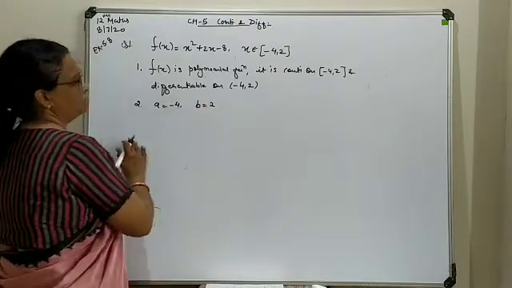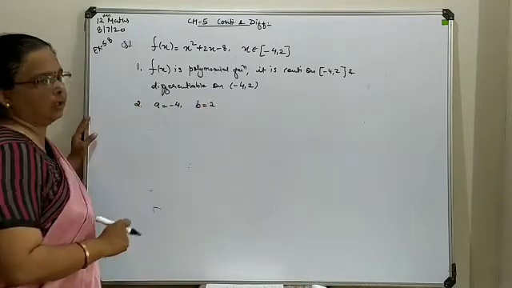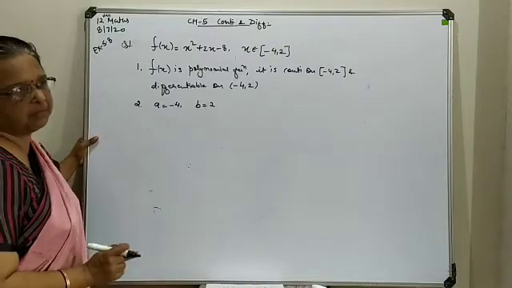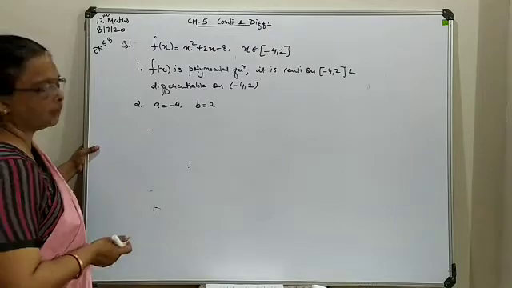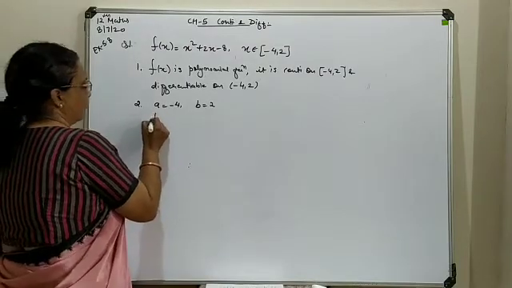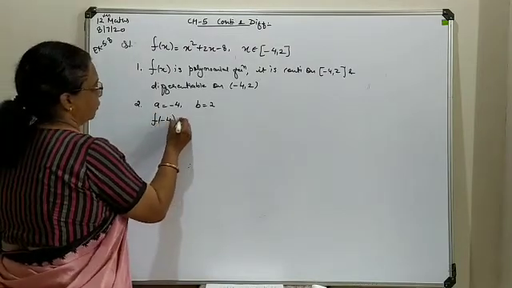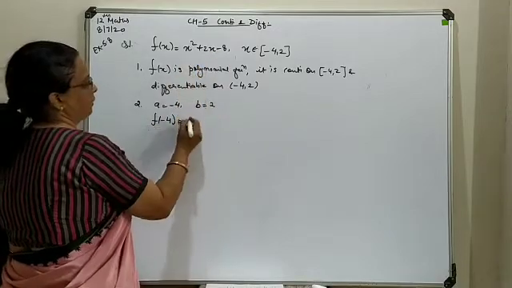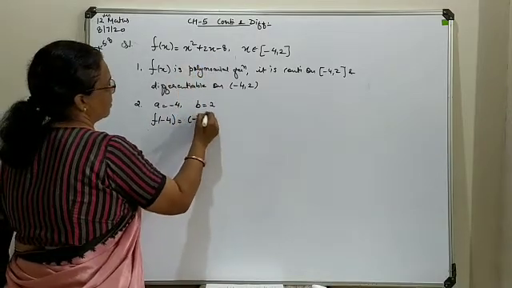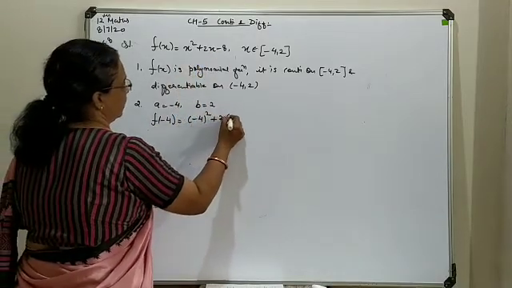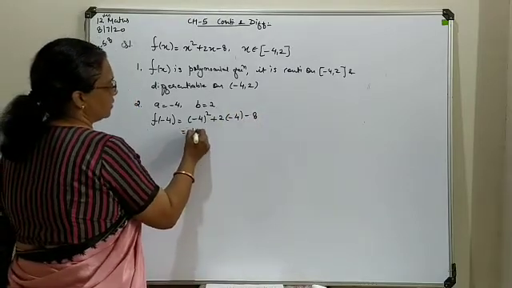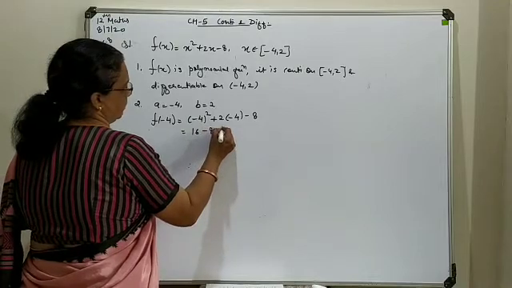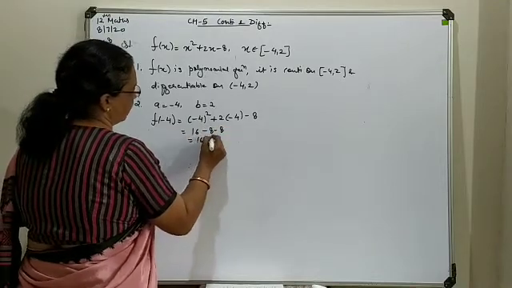First of all, you will check the f(a) and f(b) values and check whether these two are the same or not. Here, first f(-4): in place of x everywhere you write -4. This is (-4) squared plus 2 into -4 minus 8, so 16 minus 8 minus 8, which means 16 minus 16.